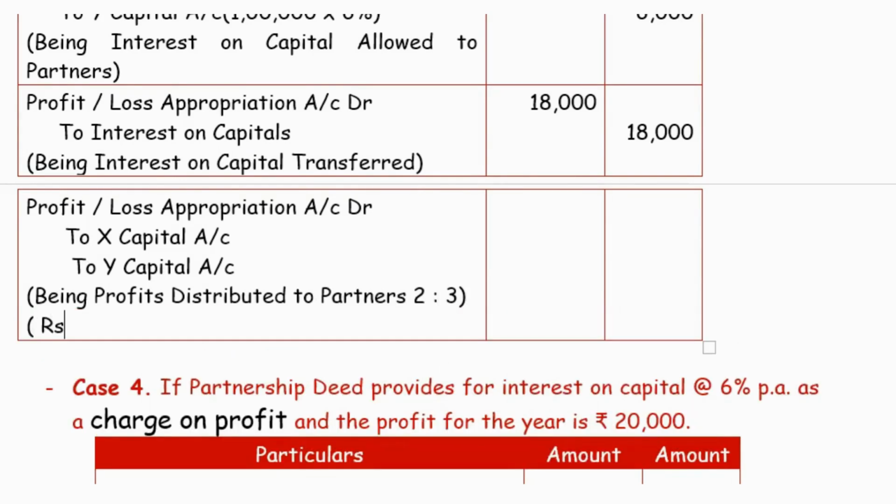Rupees 21,000 was the available profit and interest on capital is 18,000. So rupees 3,000 would be distributed in the ratio of 2:3. Mr. X gets his share as 1,200 and Y gets his share as 1,800. So the profits available for distribution is 3,000.